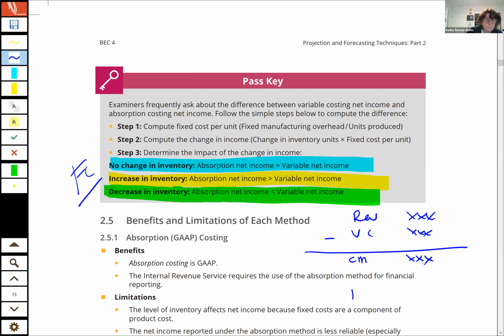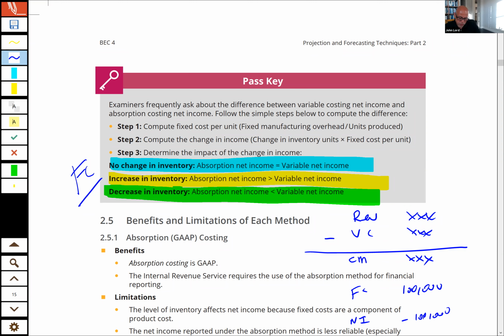Then my fixed cost, I'm going to treat as an expense, and my fixed cost would show up as 100,000, whatever, right? And then here's my net income. Let's just say negative 100,000.